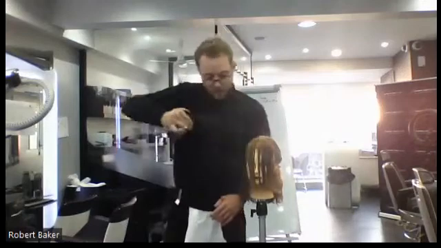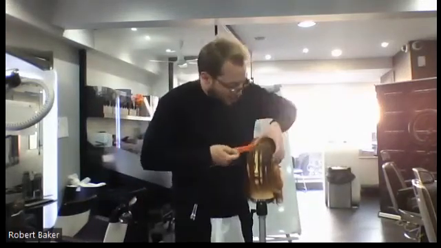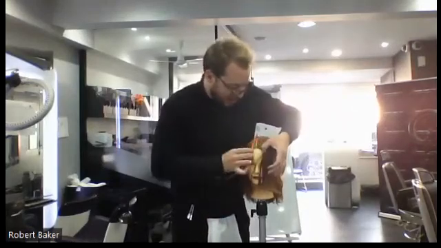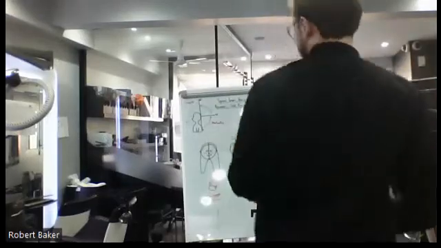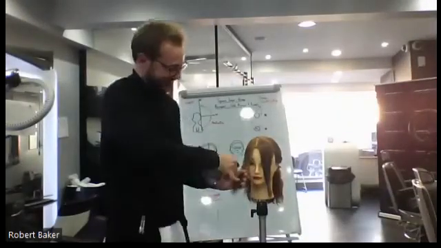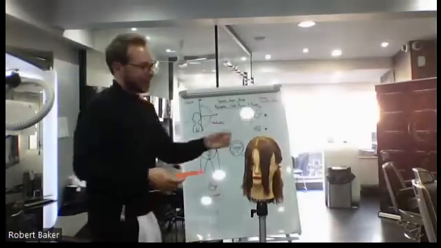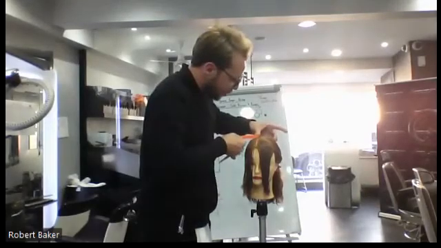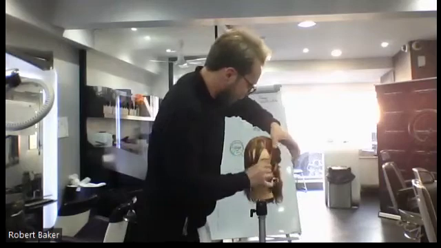Wet her down. Make sure it's nice and wet, and then run my shape in the front. Then from a diagonal section, we want our section to come pivoting from that point in the top.